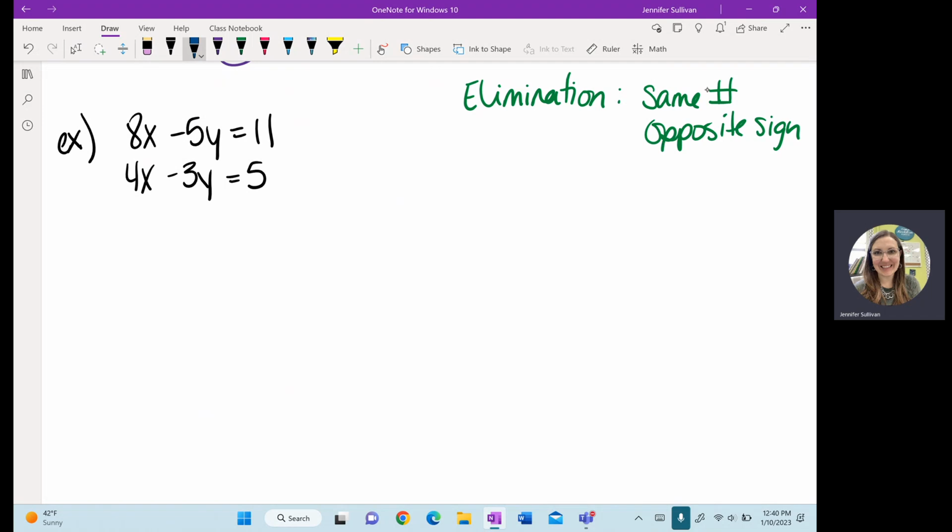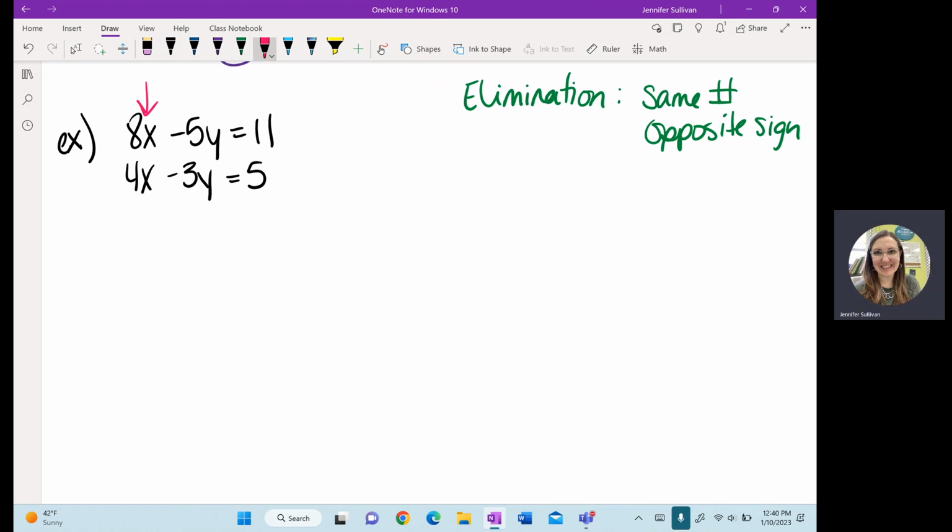When neither of these two things is happening, then I ask myself, if I'm looking at my x's, can I easily take my smaller number, so the smaller coefficient, multiply it by something to get to the bigger coefficient? So can I multiply 4 by something to get to 8? Yes. Okay.